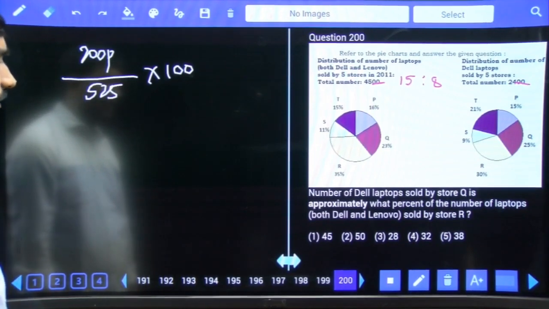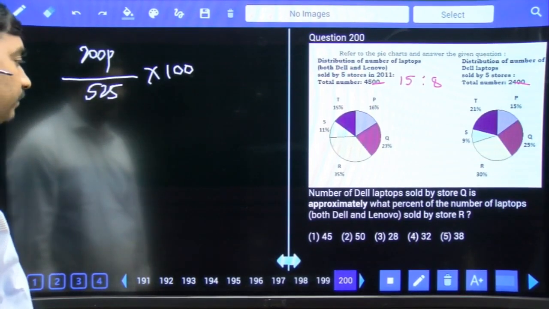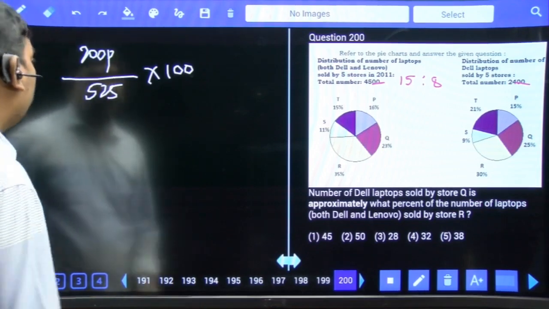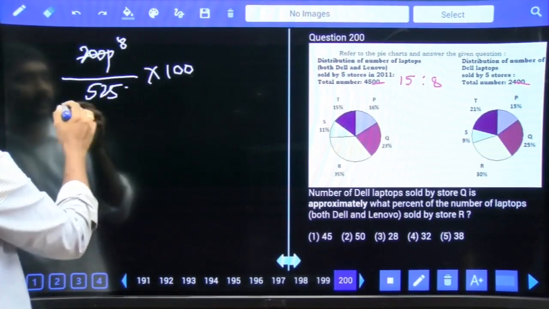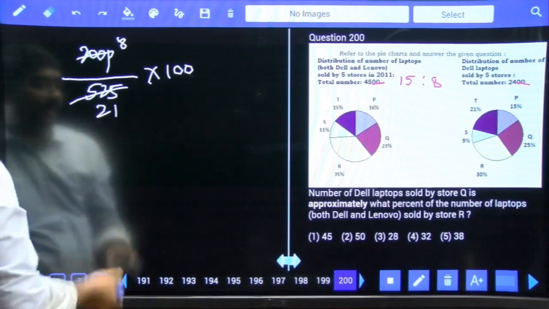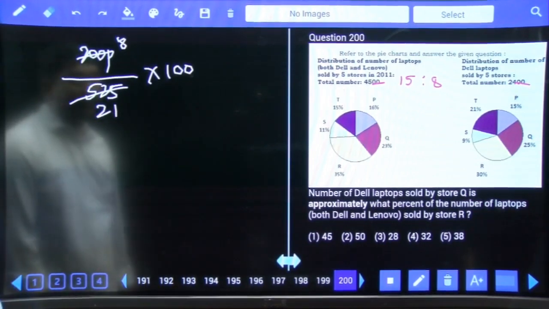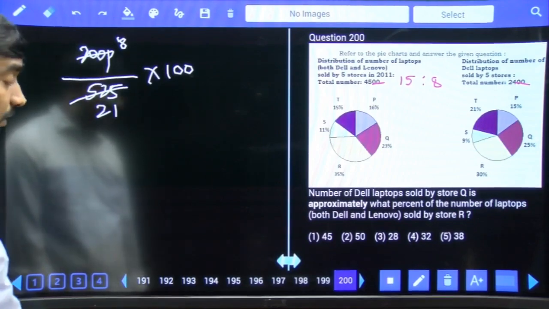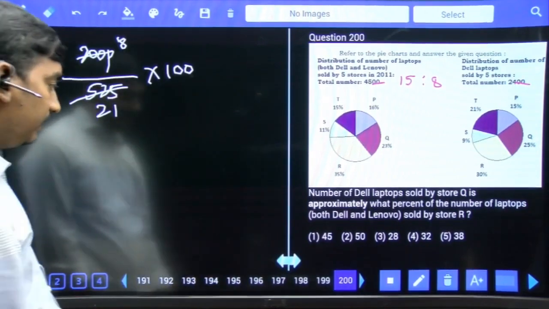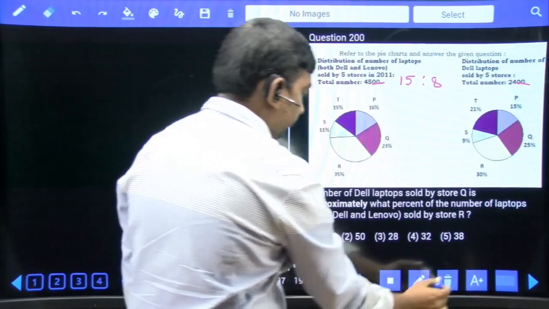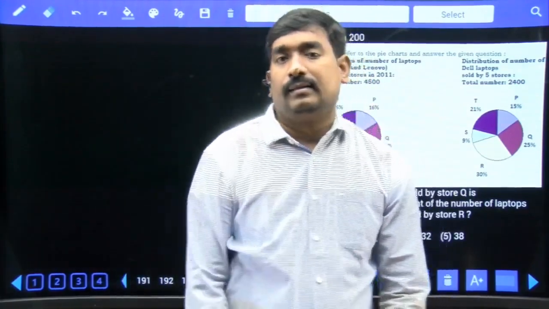So 40% and below means 38%. Or else 25 8 times 25 21 times 8 by 21 means around 40% approximately. So approximately 40 and below. Fifth option is your answer, 38%. Thank you.